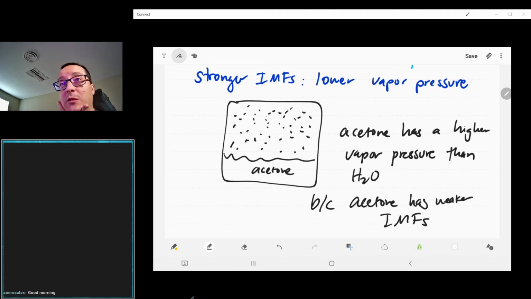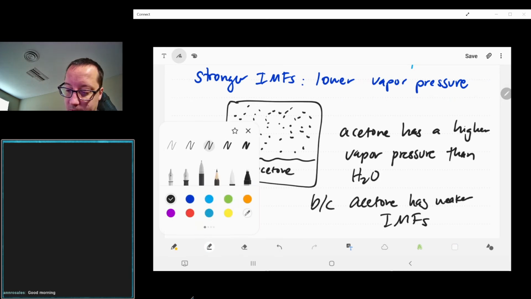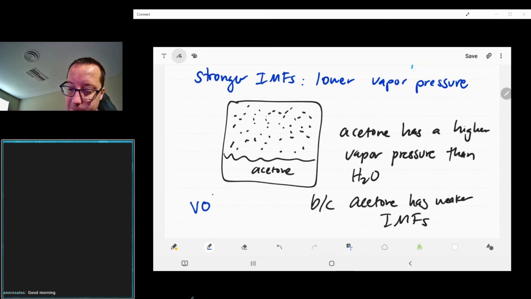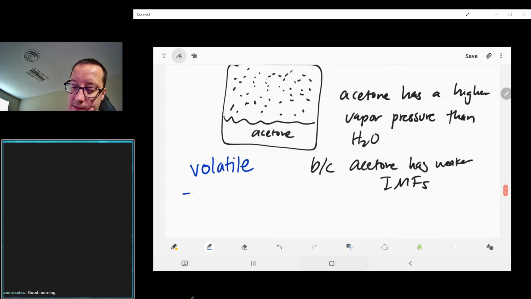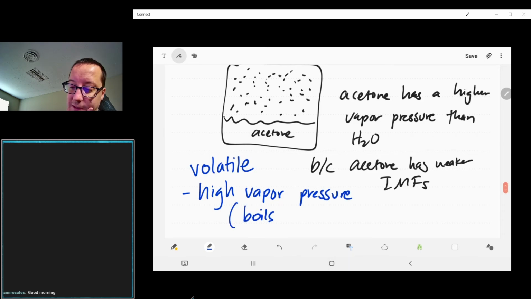We might describe acetone as volatile. Volatile means it has a high vapor pressure. Another way to say that is it boils easily. I don't know if any of you have ever felt acetone.